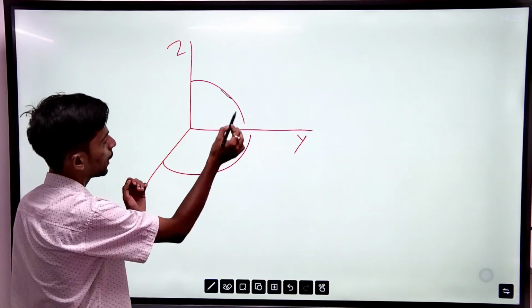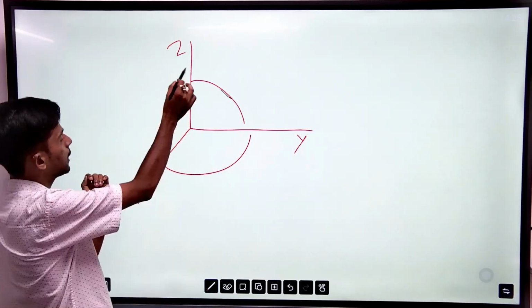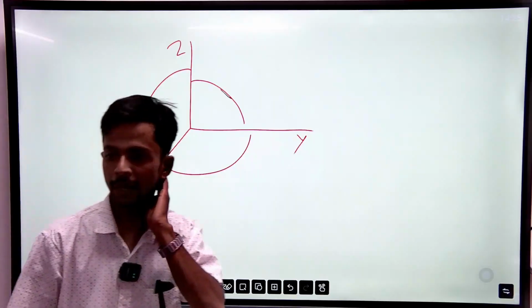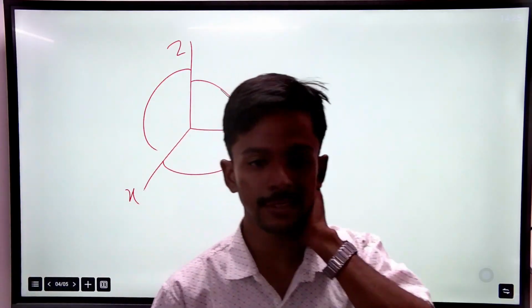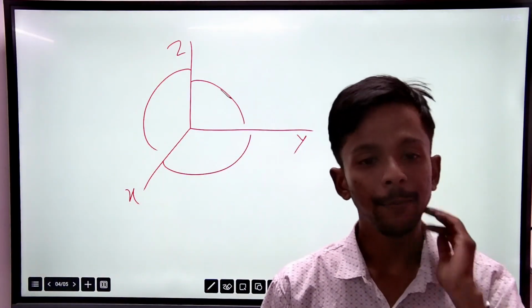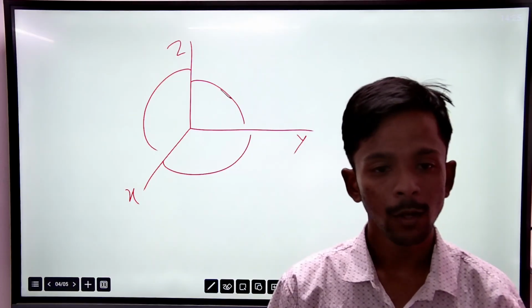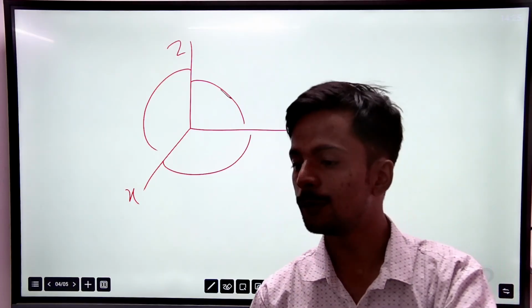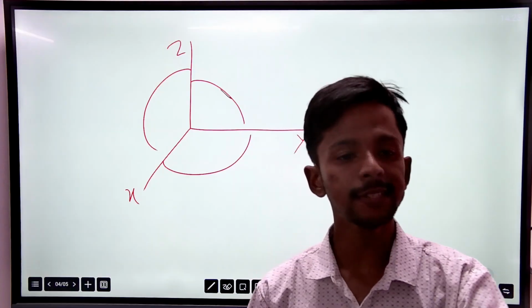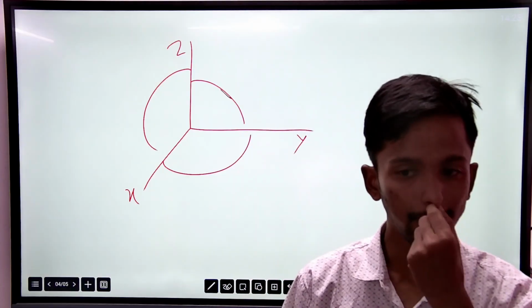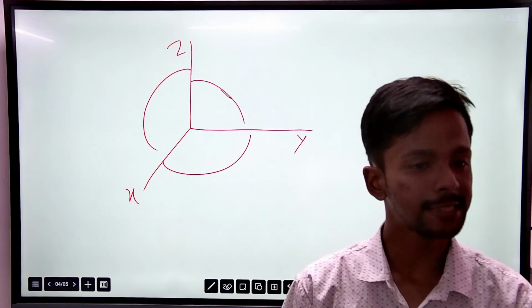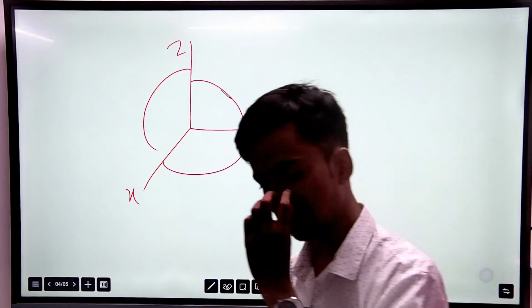When you take this, you are getting a yz plane, and this gives a zx plane, because there are only two axes. If there are two axes, it is called a plane. When you take three axes together, it is a space. When you take two axes at a time, it is called a plane. Likewise, xy plane, yz plane, zx plane. Okay.